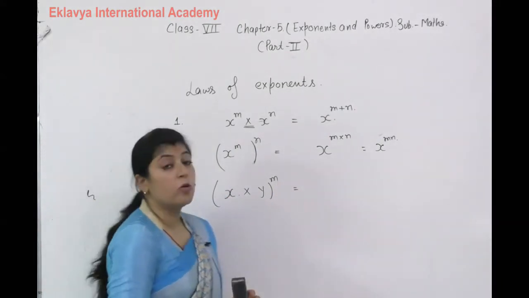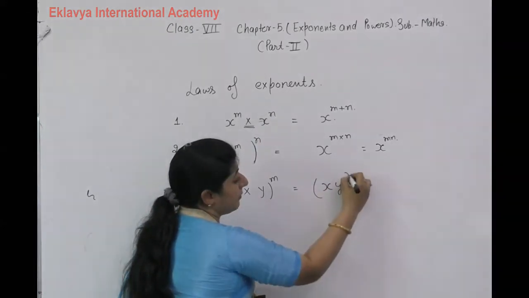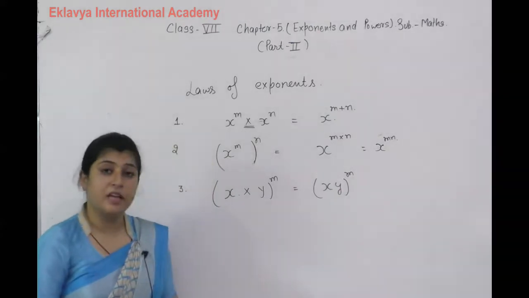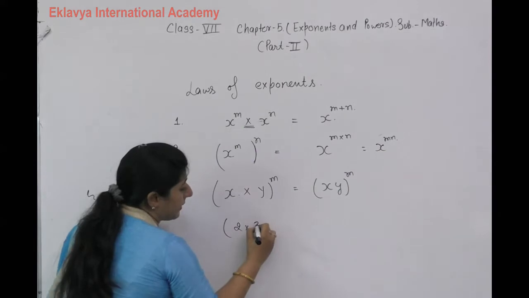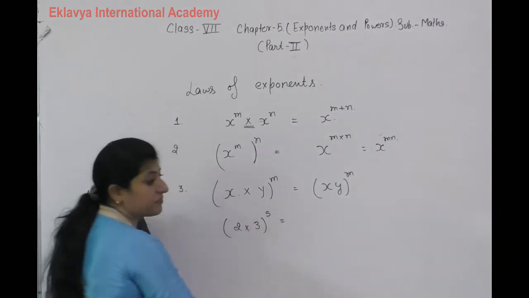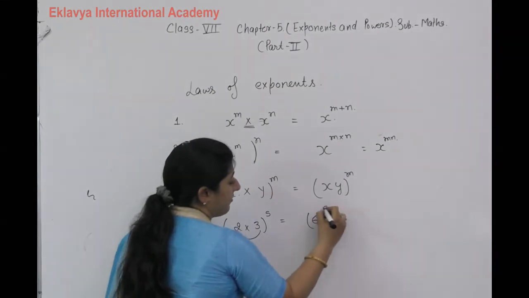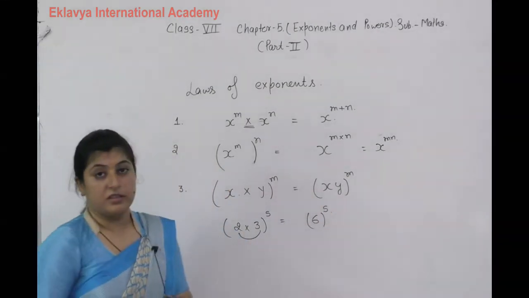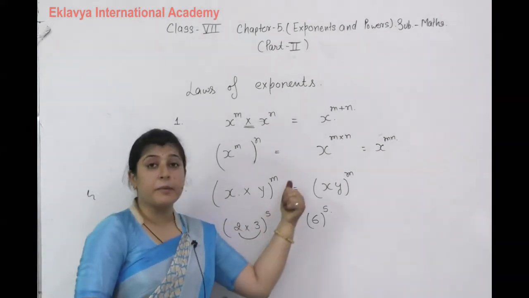Then we can multiply xy, and the power will be the same m. For example, I write 2 multiplied by 3, whole power 5. It means we can multiply this: 6 power 5 is our answer. This is our third law of exponents, when the base is different but the power is the same.